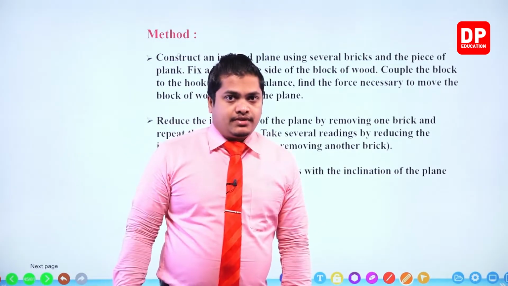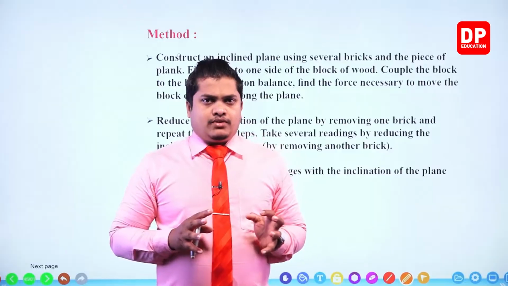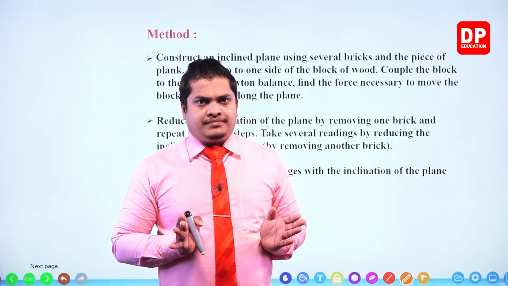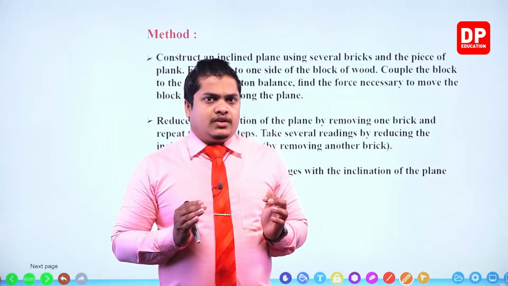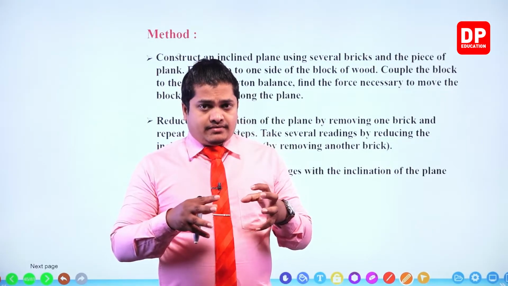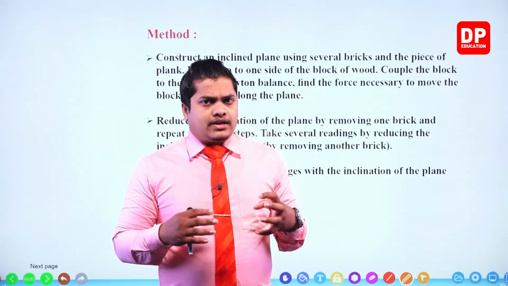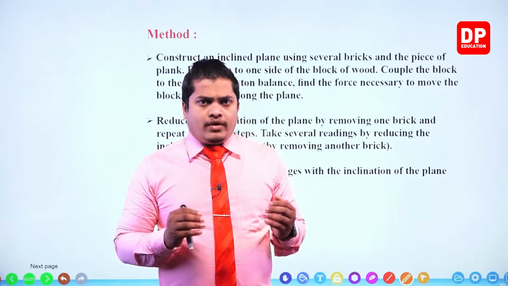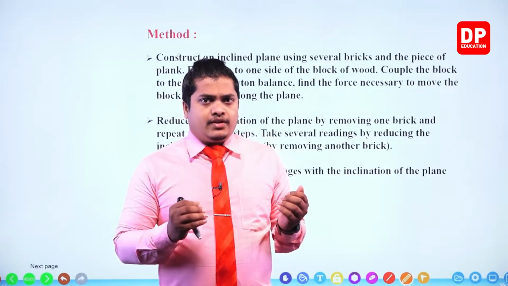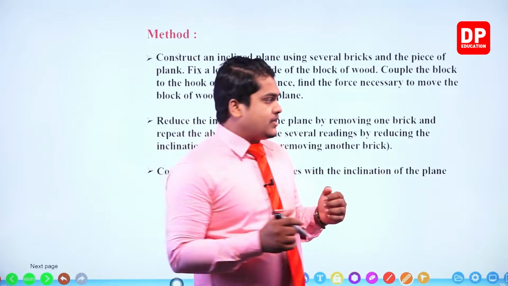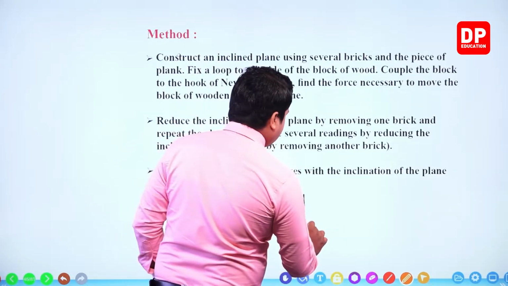So, my dear children, here you can do this practical in both ways, right? No problem in it. If you have several bricks, then you can create an inclined plane by using the bricks, or else, my dear children, you can get another wooden log. Then you can place it over like this, right? You can place it like this.